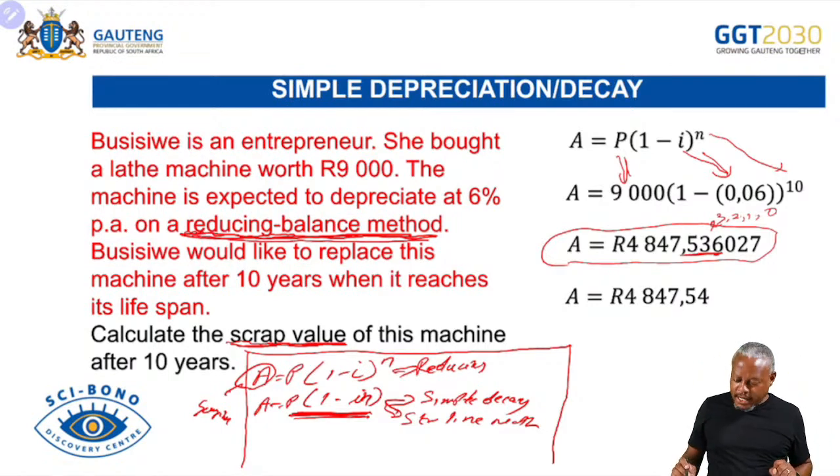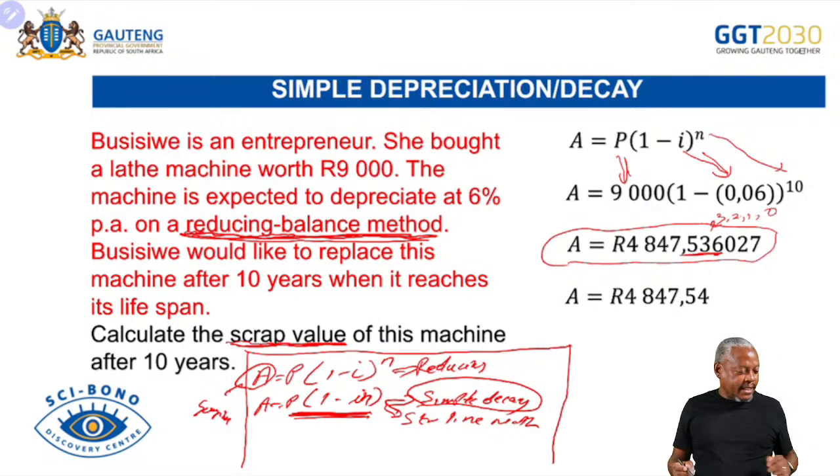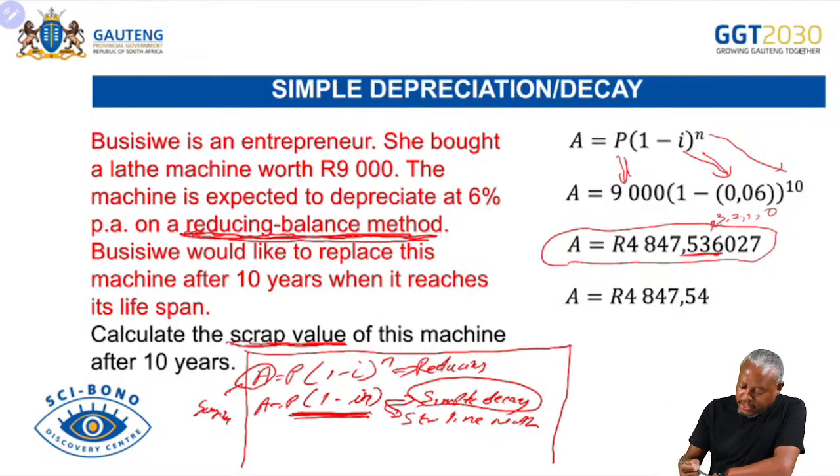The first one, it was what? Simple decay. 6% per annum on simple decay or a straight line. So you must be able to use the two. We are just concentrating on the two formulae today. So please, you must be able to identify this one and that one.